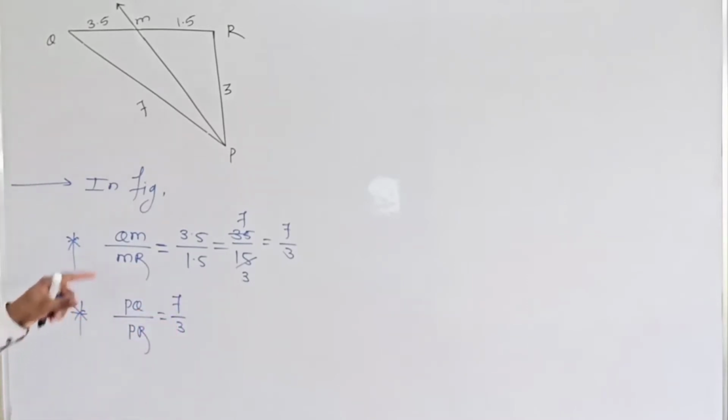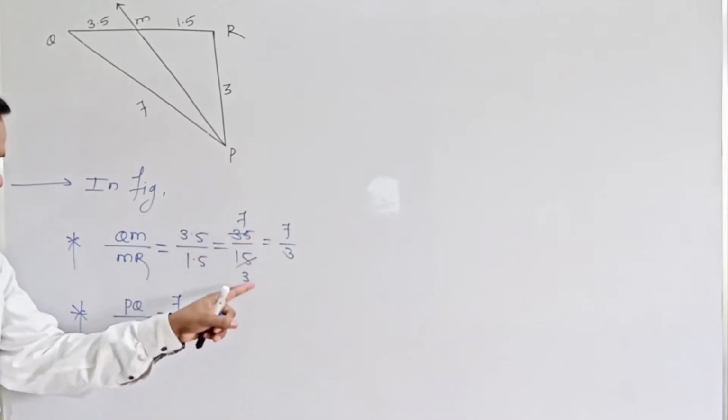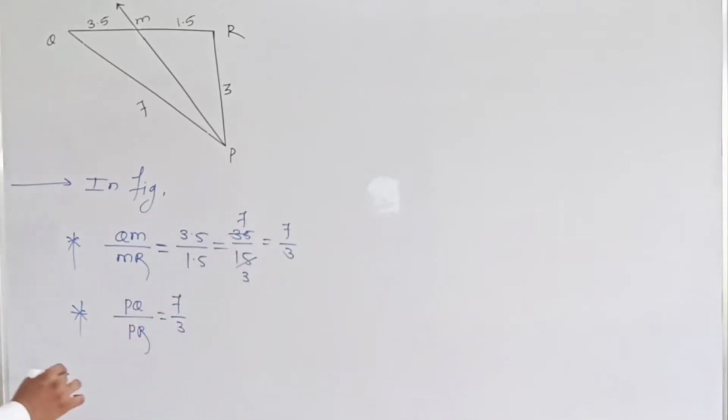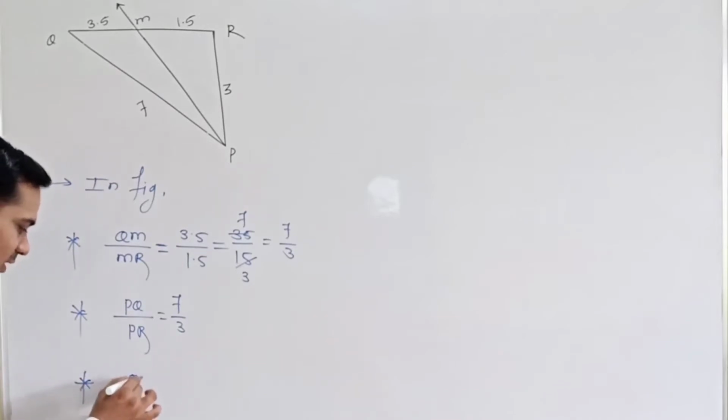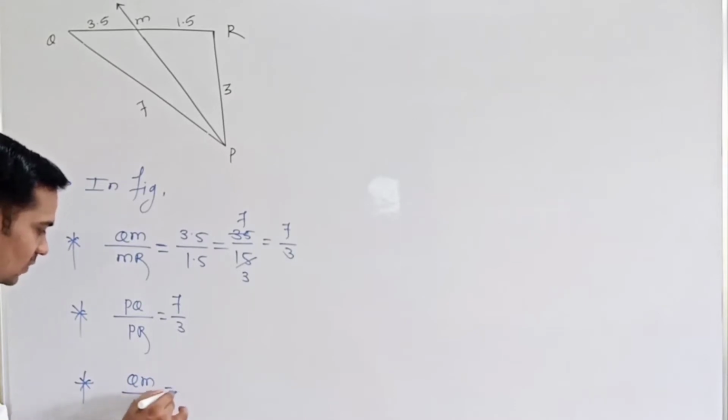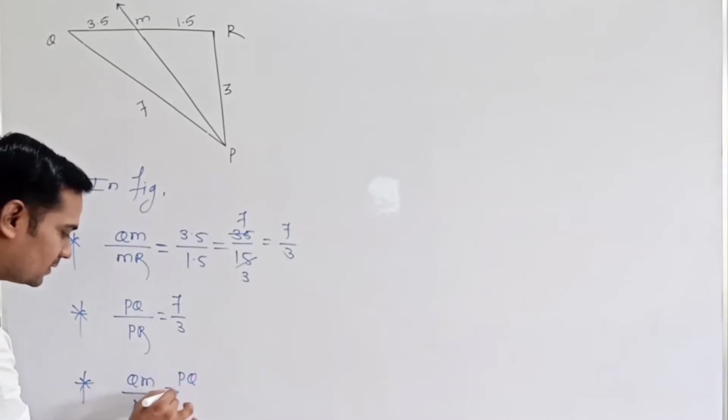So look at the first ratio and the second ratio. 7 upon 3, again 7 upon 3. Therefore QM upon MR is equal to PQ upon PR.